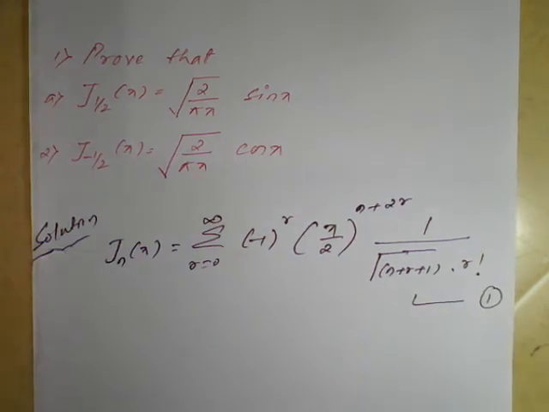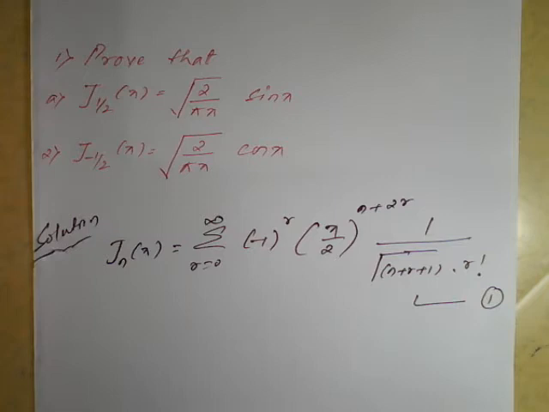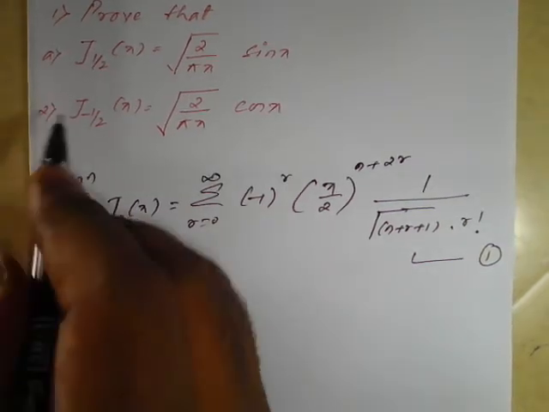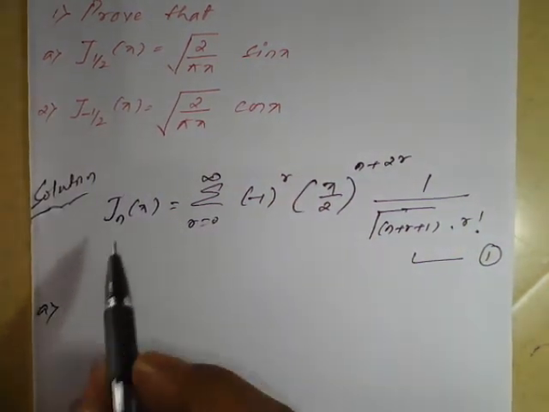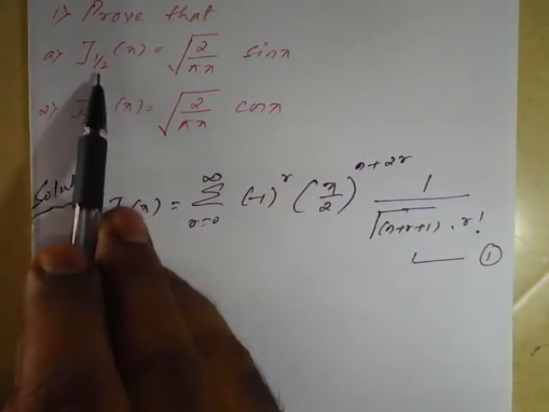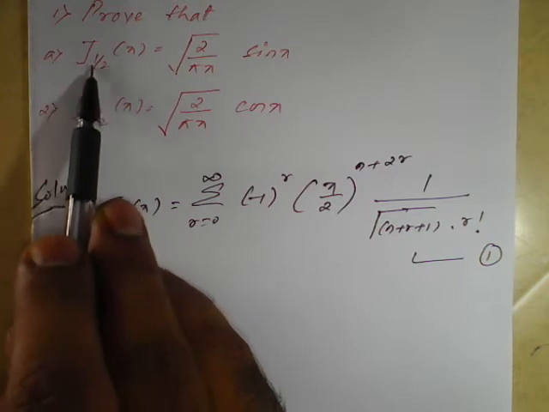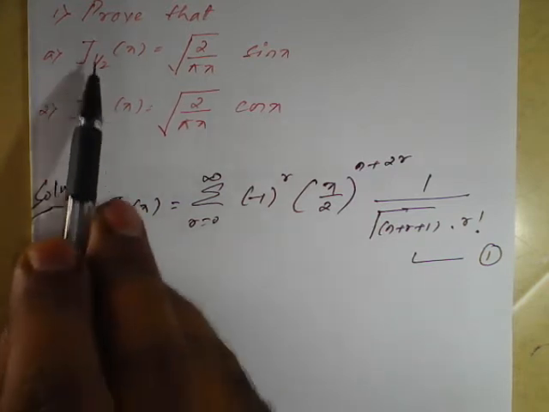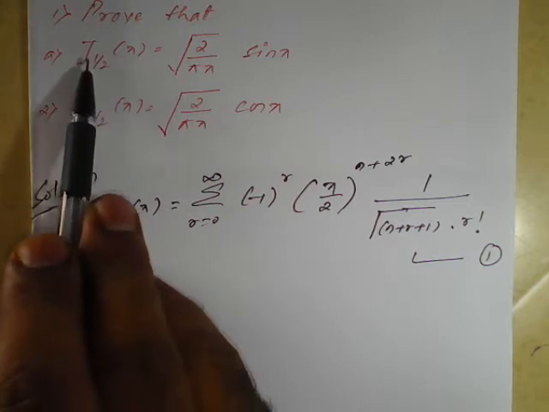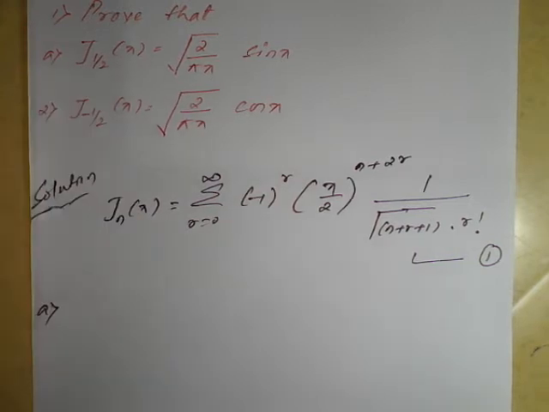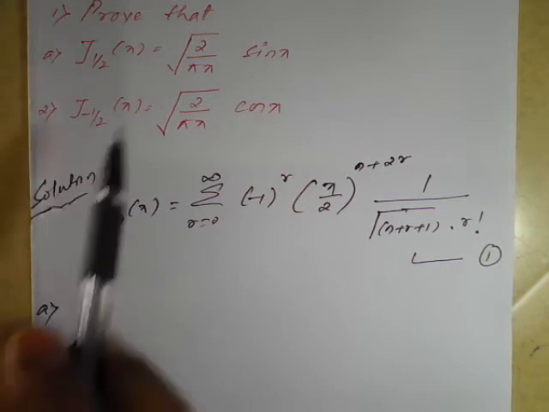Now we'll prove the results. Now result number A, we'll prove result number A. So we need to prove this. So you can see here J of plus 1 by 2 and J of minus 1 by 2. It is nothing but, as we have seen in the previous proof, n takes plus and minus values, in the same way.